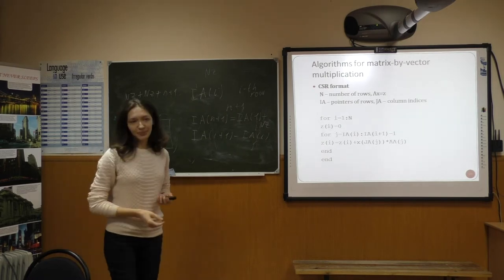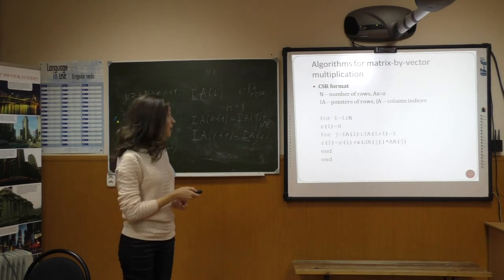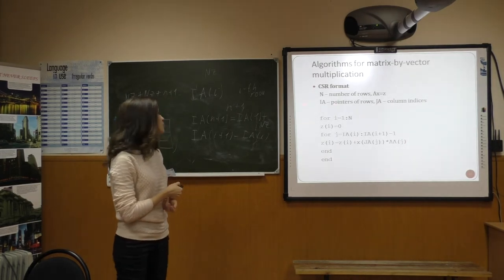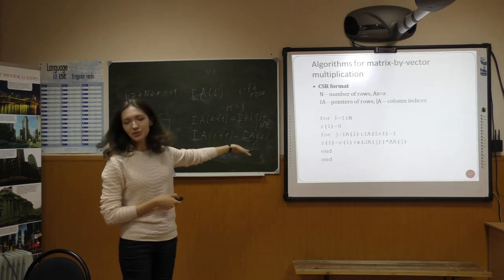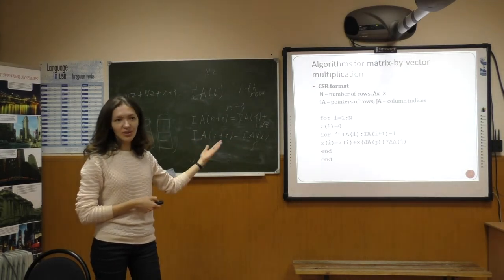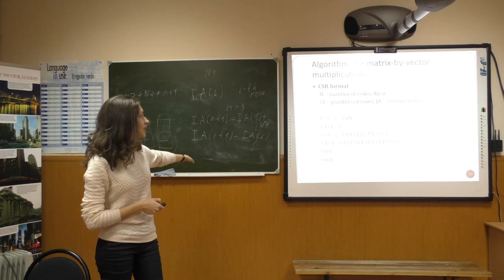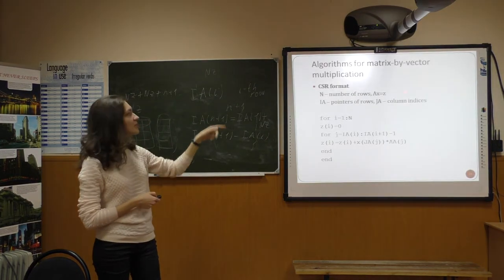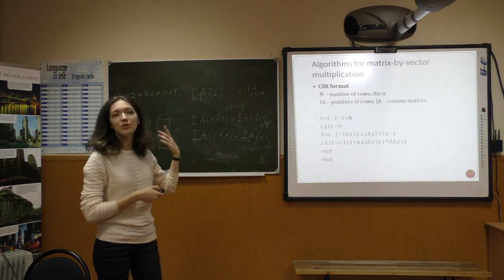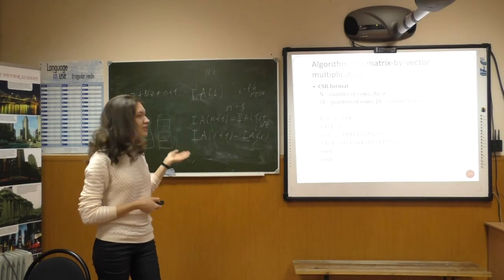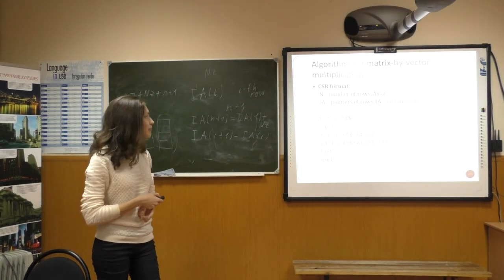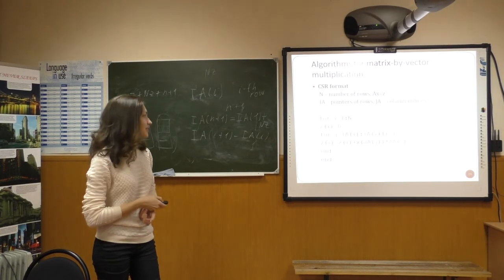This is why, if our matrix is in a sparse format, we need to perform this matrix by vector multiplication also in a sparse format. The vector is just a one-dimensional array. So this is the syntax.